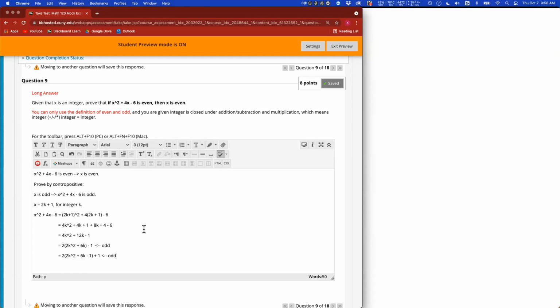For this question, I would say the easiest one is to use contrapositive. Or you can do it by cases. You do when x is even, when x is odd, and you say this scenario will only happen when x is even. Only when x is even, this is even. Otherwise, if x is odd, you won't get this to be even.